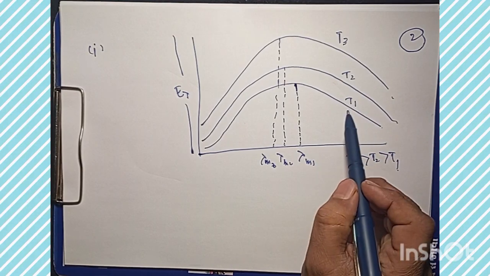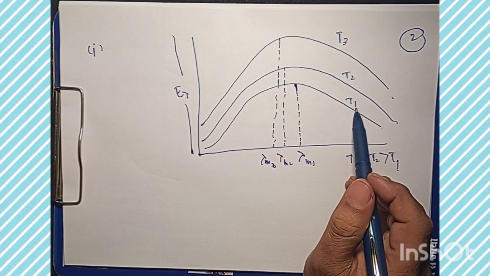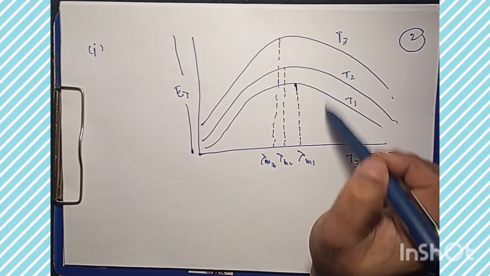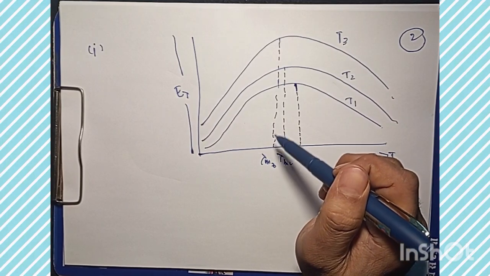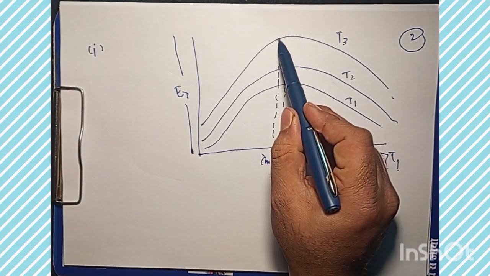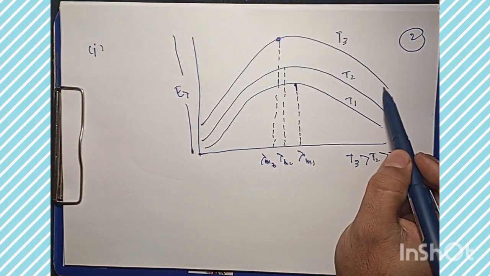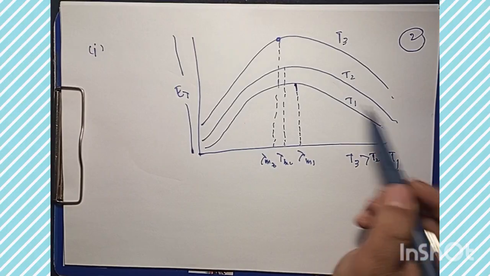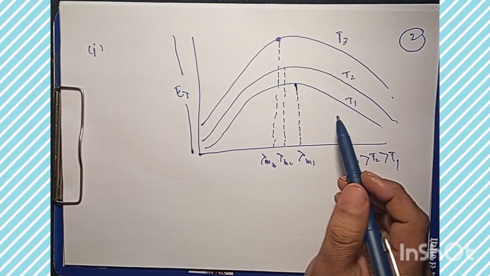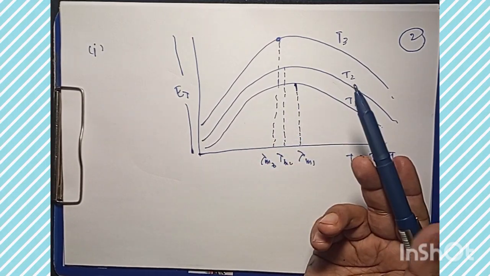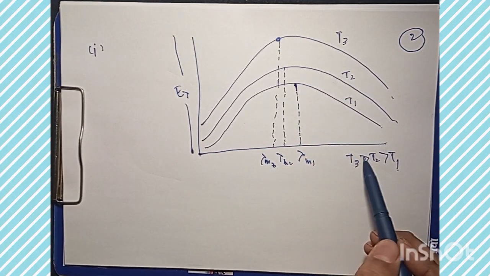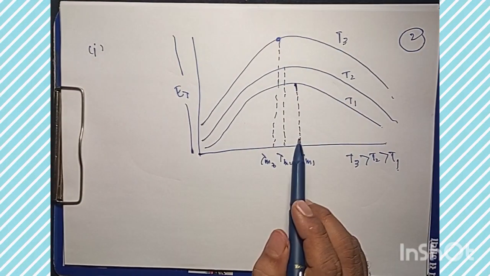At a given temperature, the intensity of radiation increases with increase of wavelength and becomes maximum, then goes down. For another temperature it has a maximum, then goes down, and further increasing the wavelength, the intensity of heat radiation goes on decreasing.